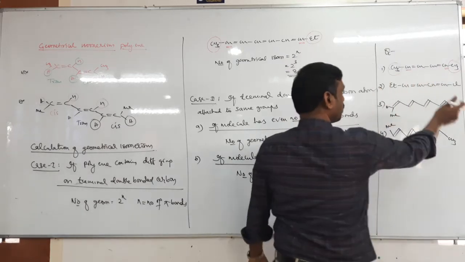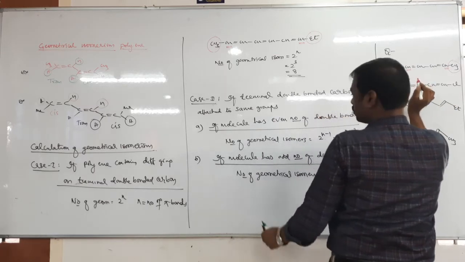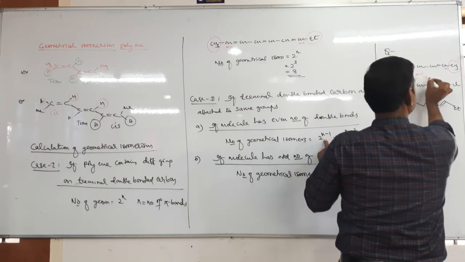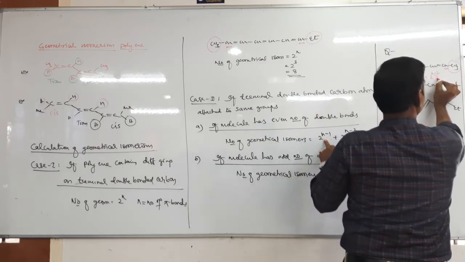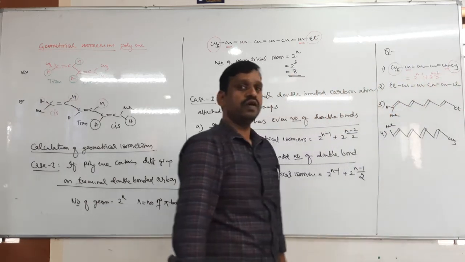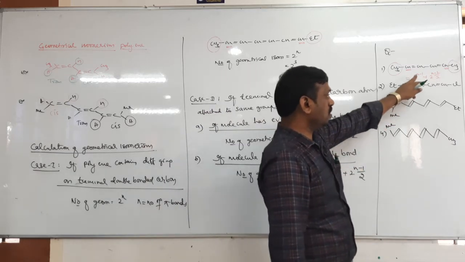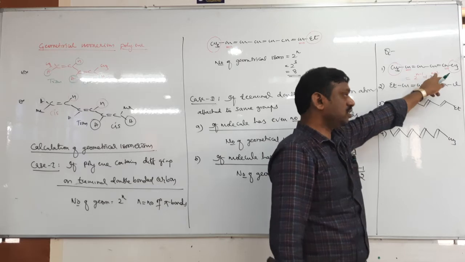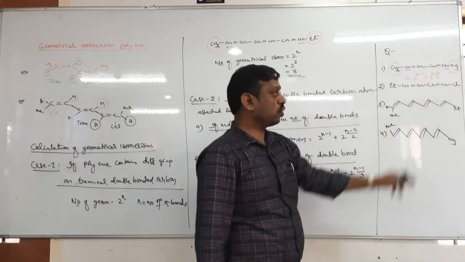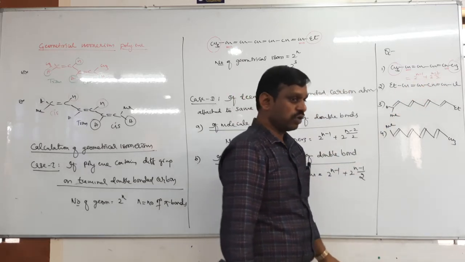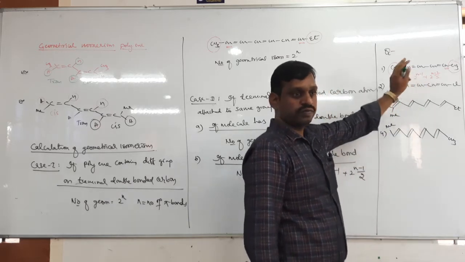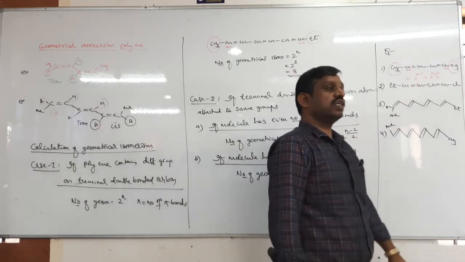If there is an even number of double bonds, the number of geometrical isomers equals 2 to the power n minus 1 plus 2 to the power n minus 2, divided by 2, where n equals the number of double bonds. Substituting n = 2: 2 to the power 1 is 2, plus 2 to the power 0 is 1, divided by 2. Therefore the total is 3, 2 plus 1, that is 3.